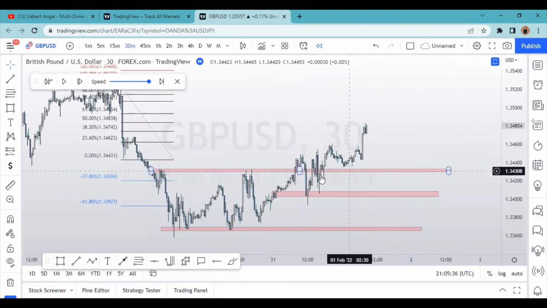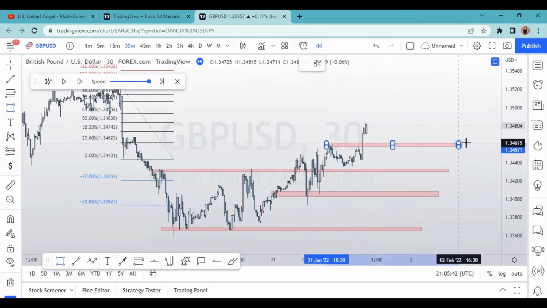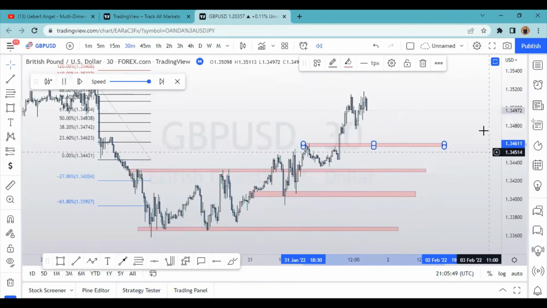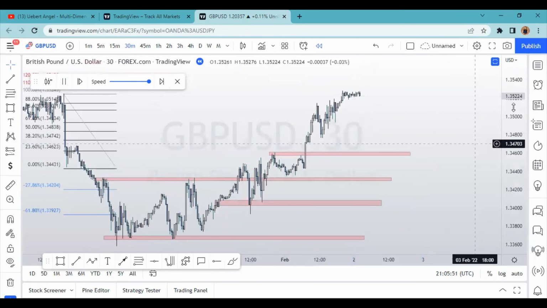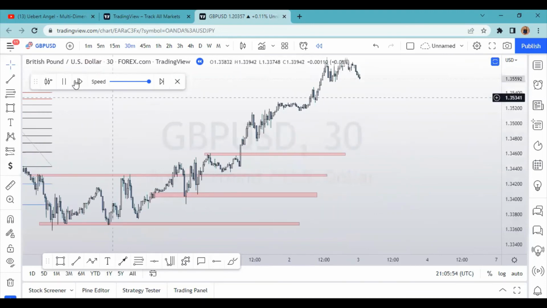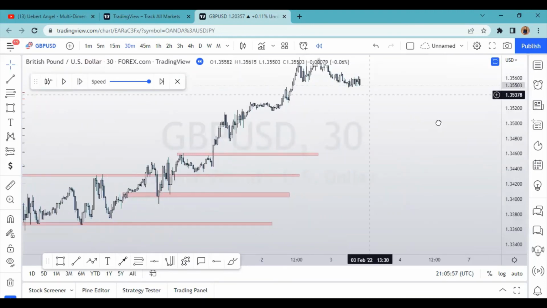So since we were not able to do that, we pick another one here. Basically, what I want to show you is how to trade the breaks and retests of minor structures and major, depending on your time frame. So this is really aggressive, and again, didn't come to test that level.